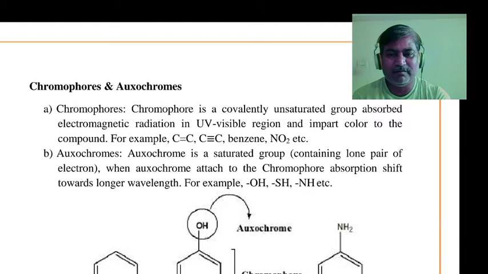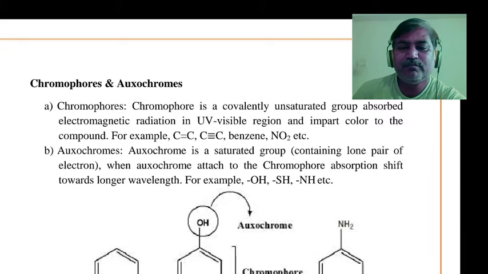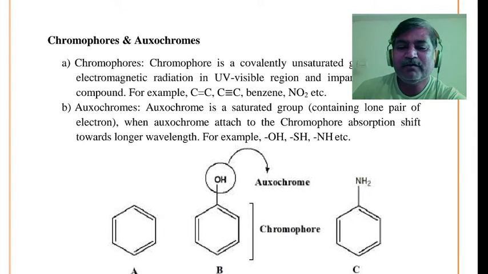For example, carbon double bond carbon system, carbon triple bond carbon system, benzene ring system and nitro group in a system. So these are the particular groups.